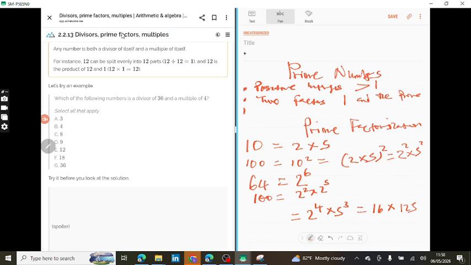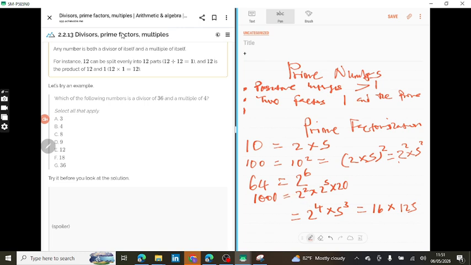So what do you multiply with 100 to get 2000? So you see that it is just 20. If you multiply it with 20, it will give you 2000.